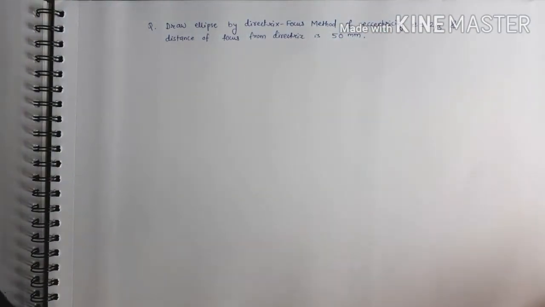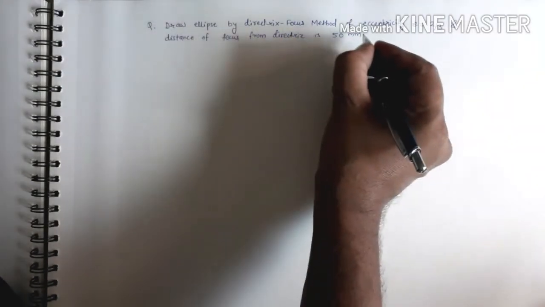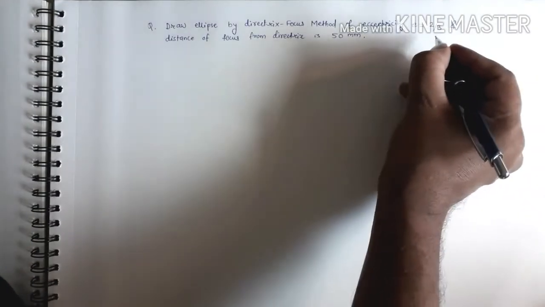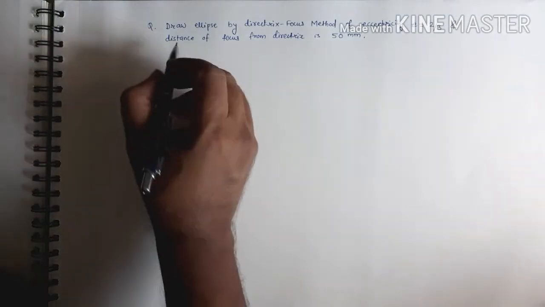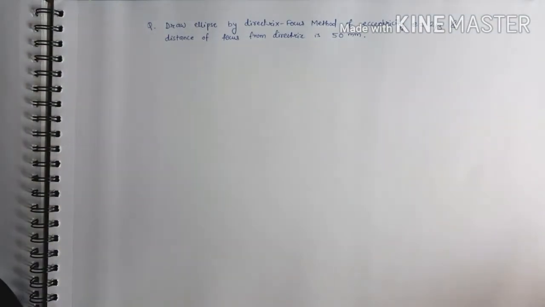Okay, so this is a question. Draw ellipse by directrix focus method if eccentricity E is equal to 2 by 3 and distance of focus from directrix is 50 mm.